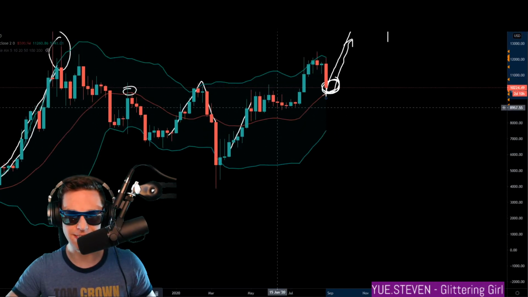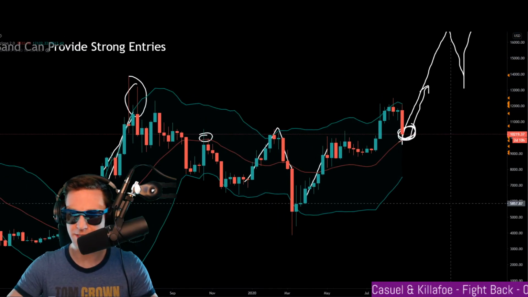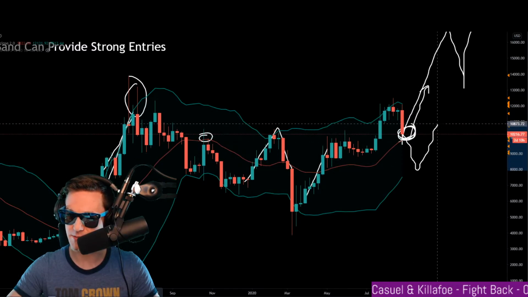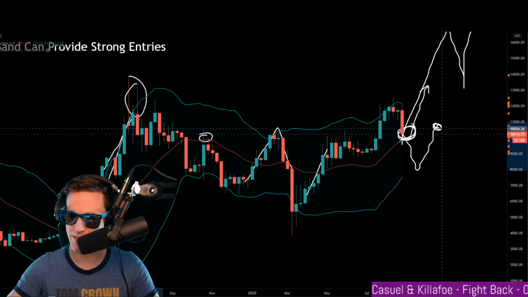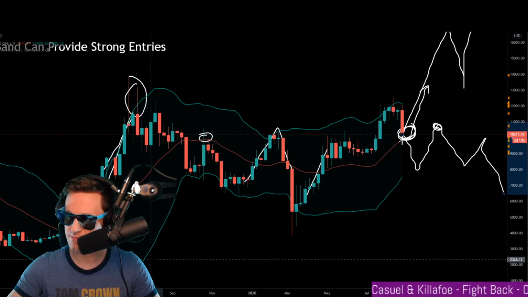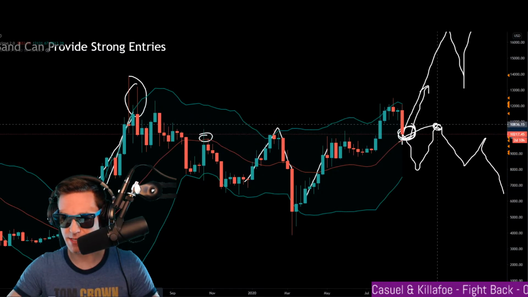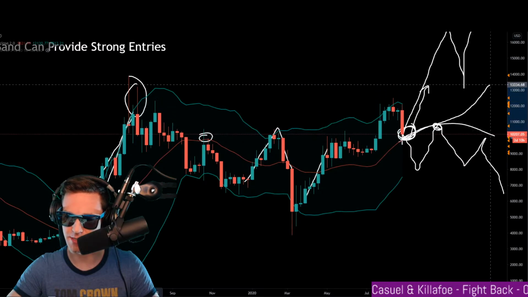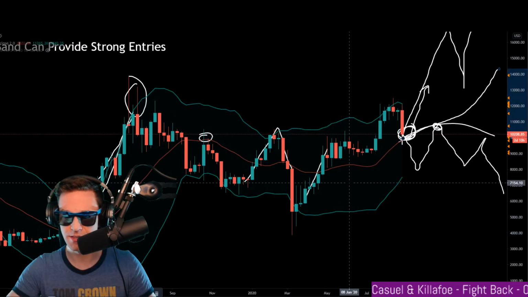If that's not the case, and we are actually going to be turning into a downtrend, I would like to see price touch the bottom of the band, test the middle, which, I'm just making this up, would be about right here, and then reject. Act as resistance. In that case, this band might do this. Or if trend is going down, trend is going up, the middle band might do that.